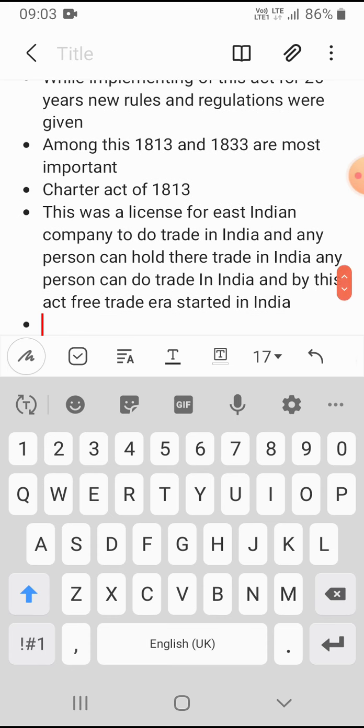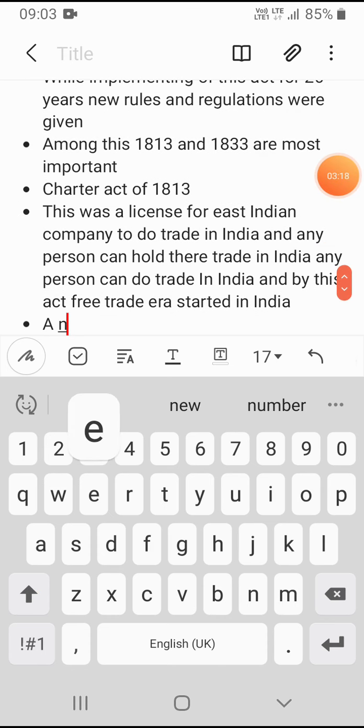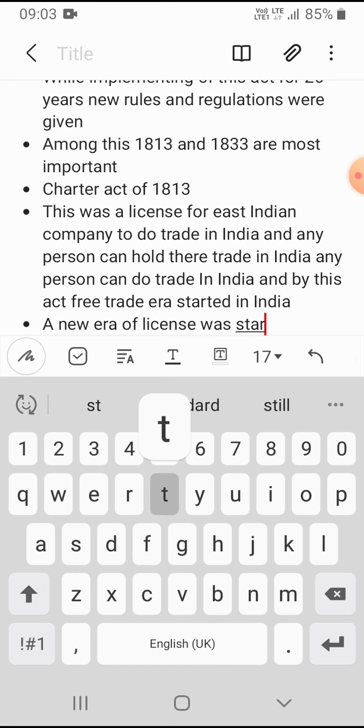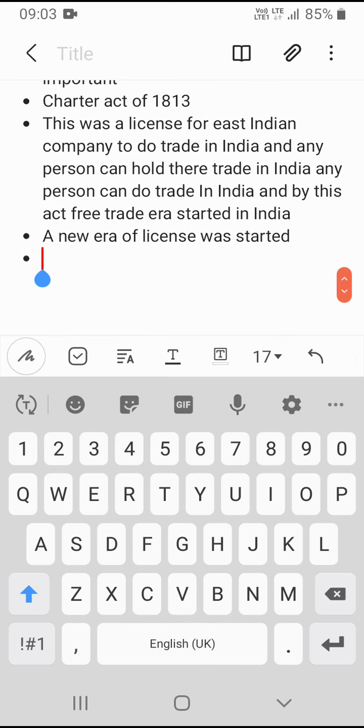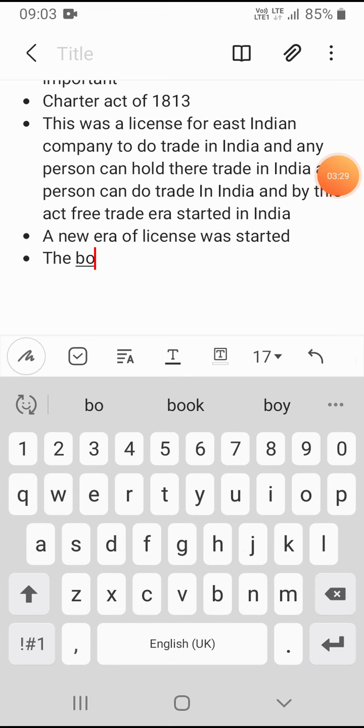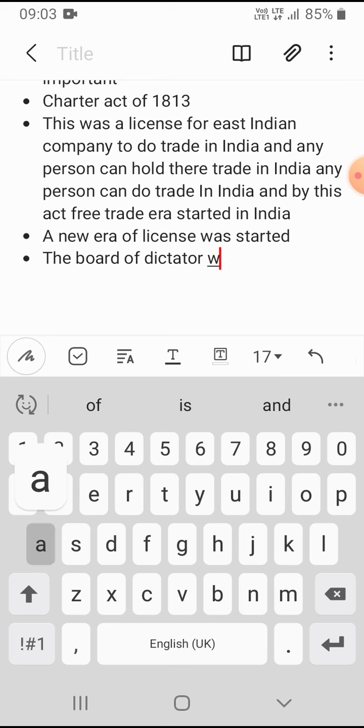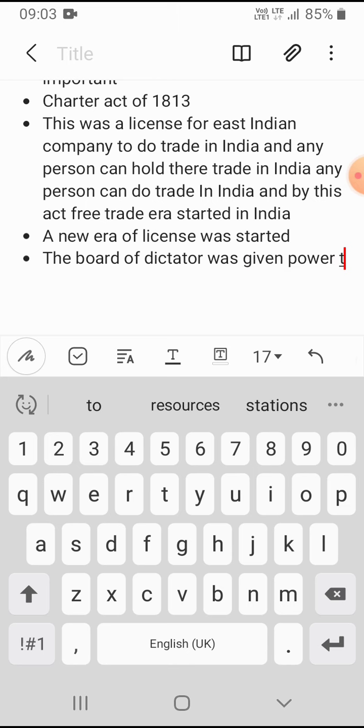A new era of license was started, as well as the Board of Controllers, as you learned, was given power to select the Governor General.